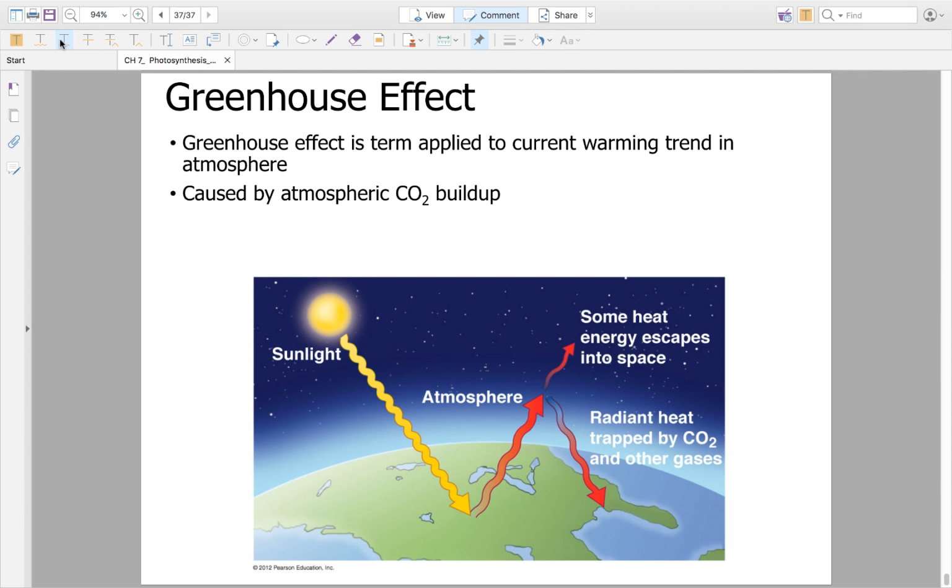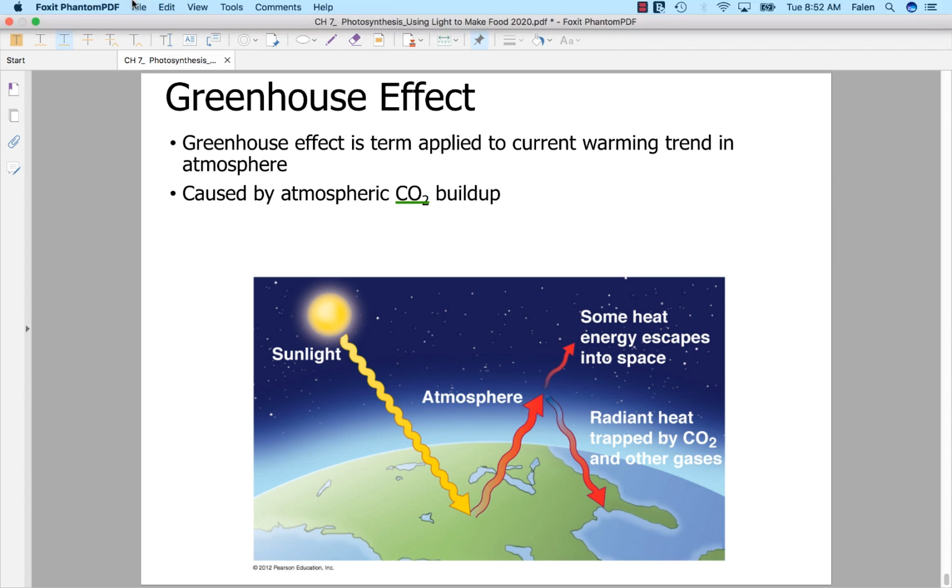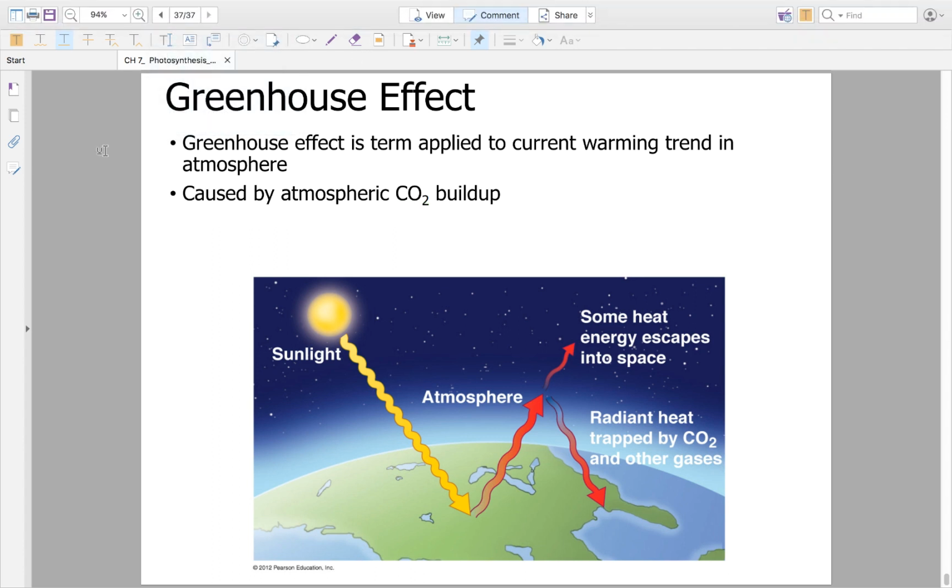It's caused by CO2 buildup, right? Not just CO2, actually. There's other greenhouse gases, like methane gas is one of them. But CO2 is a big player in this issue. And it's causing something called the greenhouse gas effect because we have too much atmospheric CO2.